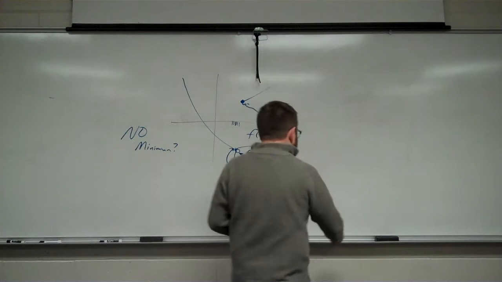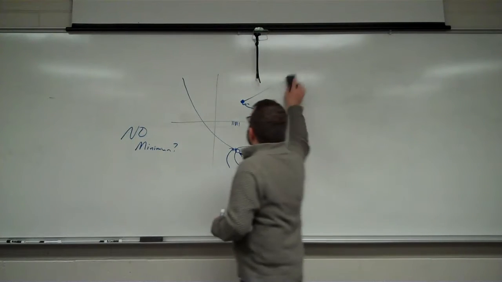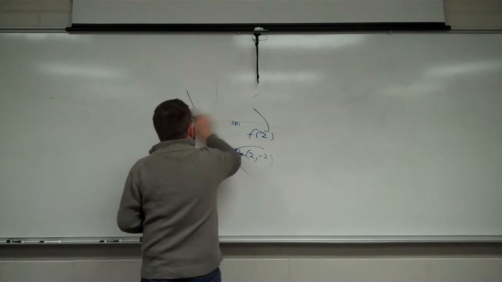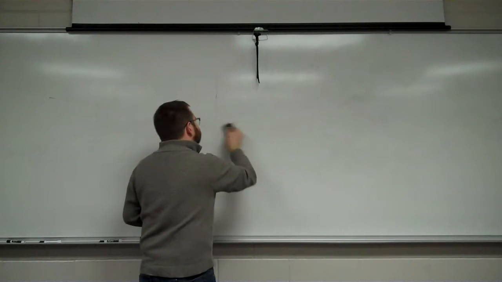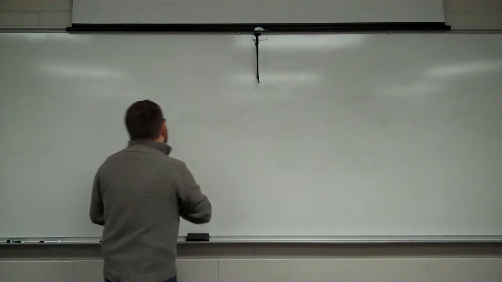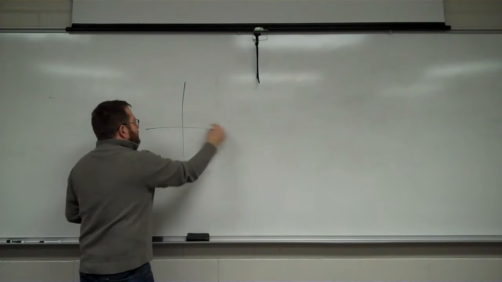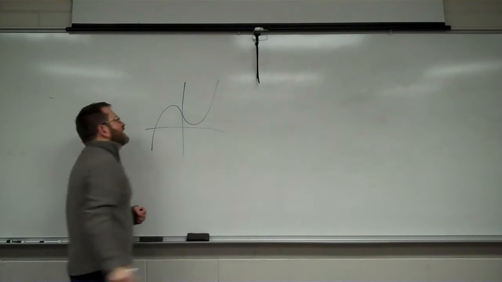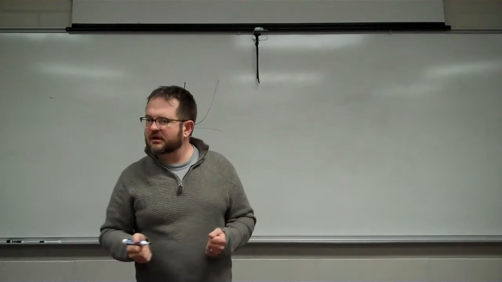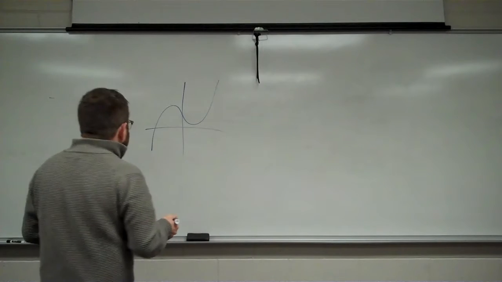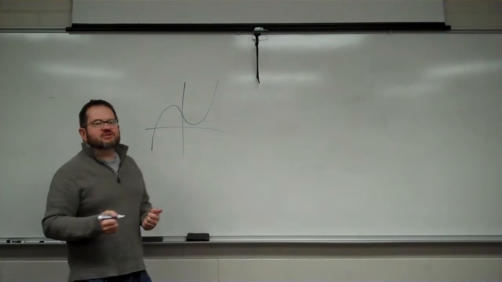In general, when we want to ask about this stuff, we want to know how we're going to find these. If we had some graph like this, and it says find the extrema of this function, well, we already learned about this one time before.